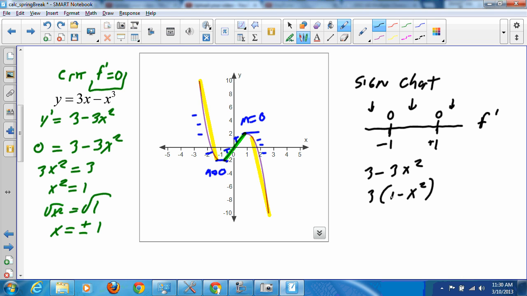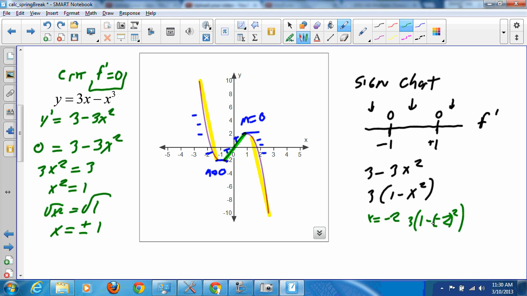So if I choose, say, a negative 2, so when x equals negative 2, what happens? 3 times (1 minus a negative 2 squared). So we have 1 minus a negative 2, and we're going to square that value, and all of it's being multiplied by 3.